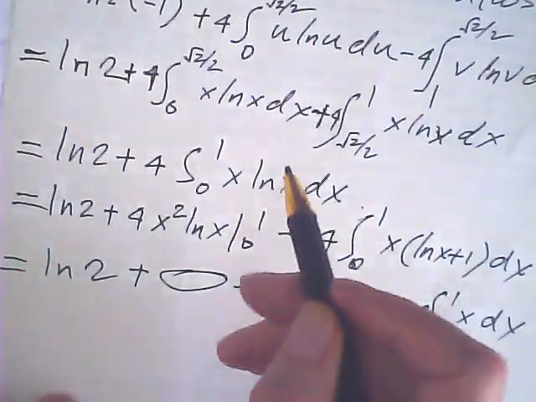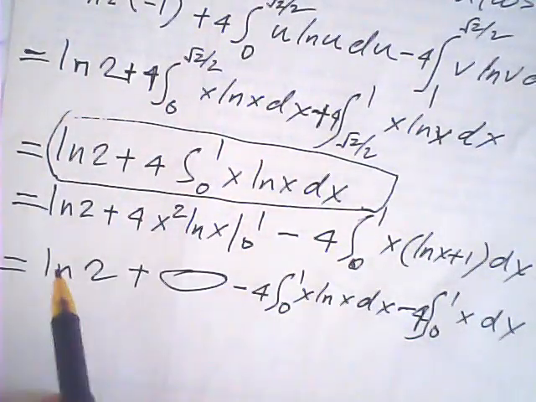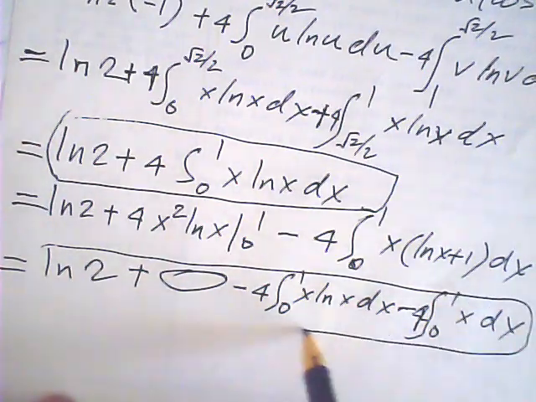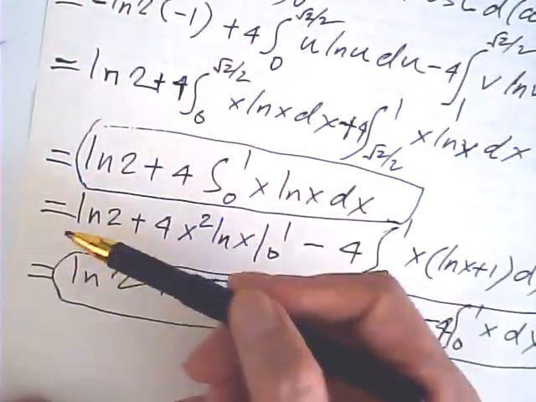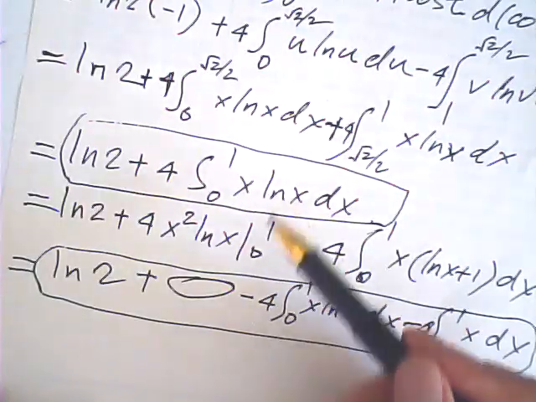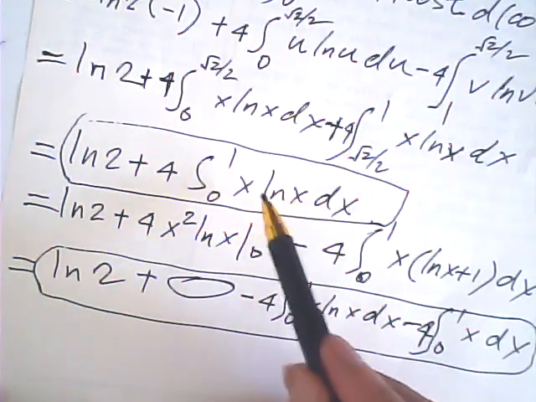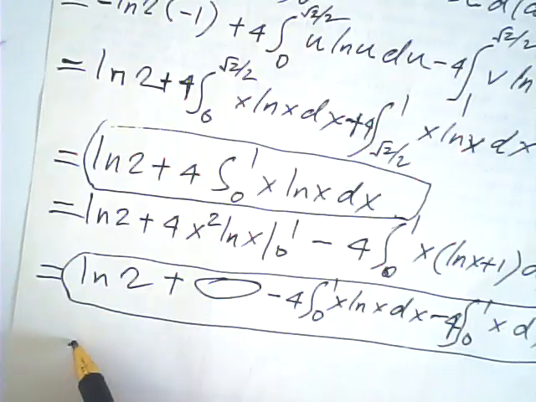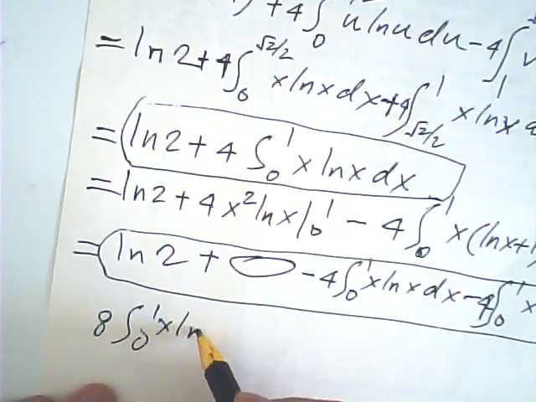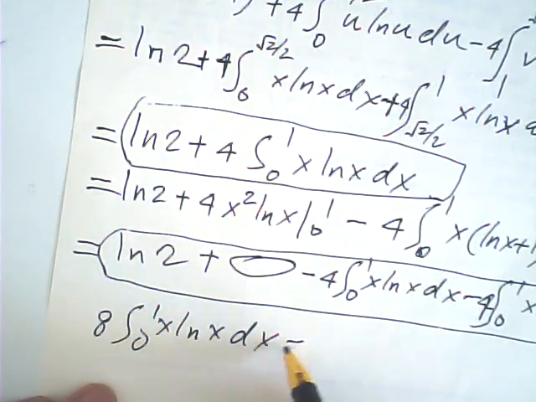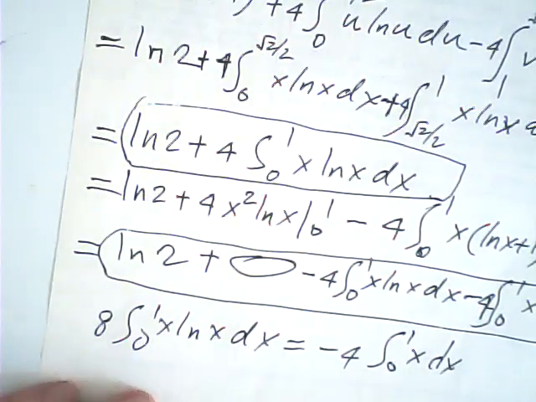Now, okay, take a look at this line and this line. They are equal. See, we deduced things line after line, so they are equal. So this cancels out. If I move this one over there, that would be 8 times the integral of x log x dx equal to negative 4 times the integral from 0 to 1 of x dx.